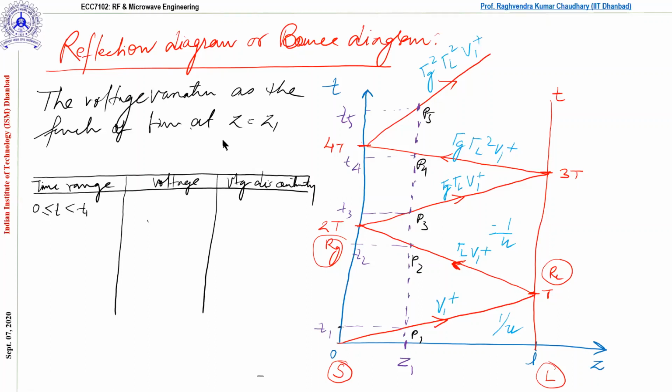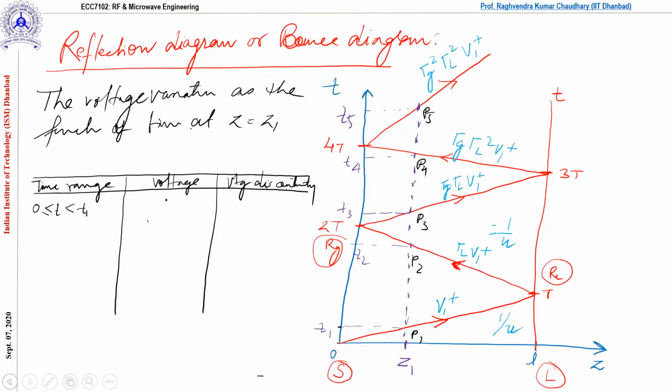I hope you can manage these things. So at this time, the voltage wave will be 0 and the discontinuity will be 0. Why is this 0? Because the wave does not touch z1 between 0 and t1, less than t1. That is why these things are coming 0.